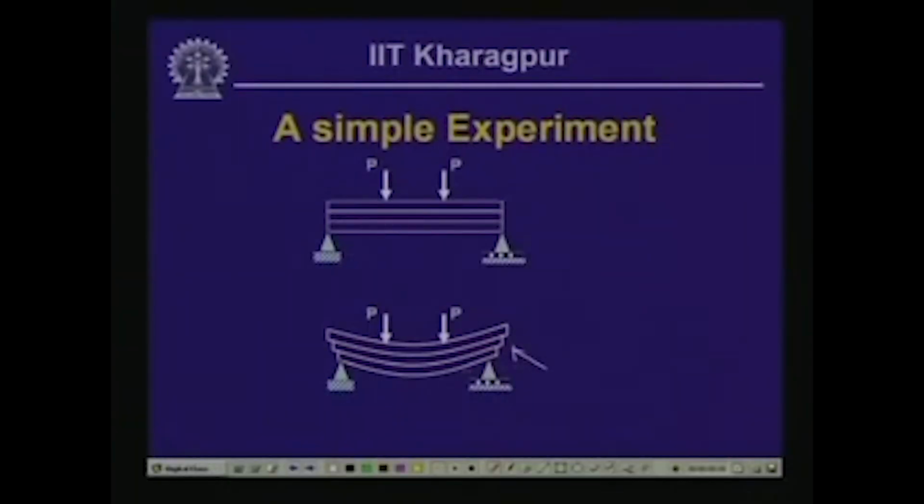It is expected to undergo a deformation in this form as shown here, and since they are not connected with each other, the bottom part of the top beam will undergo extension or tension, and the top fiber of this beam will be under compression.